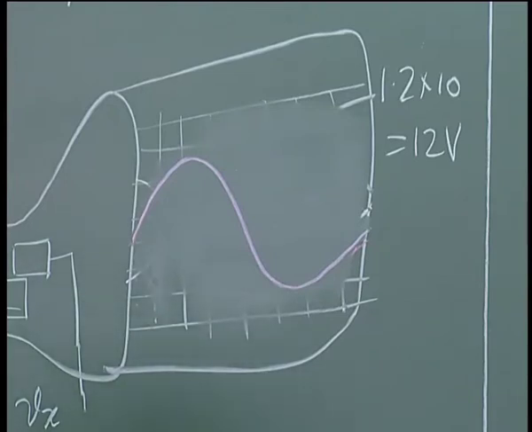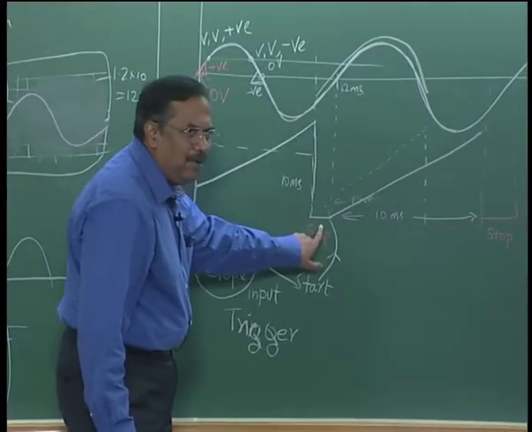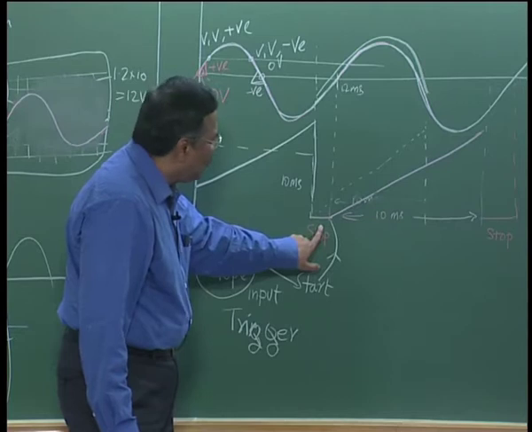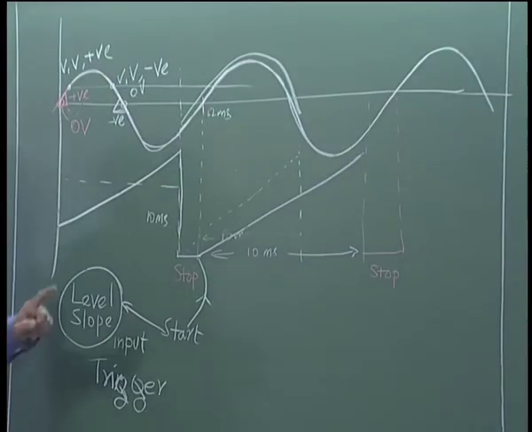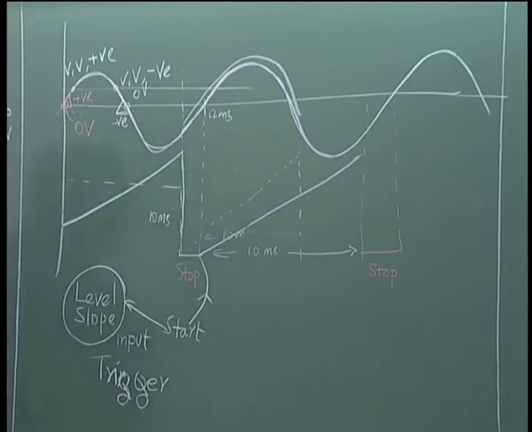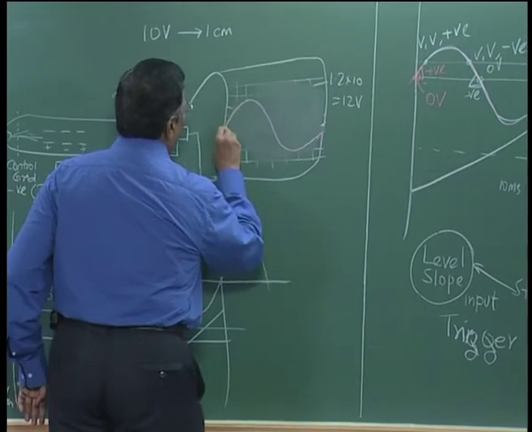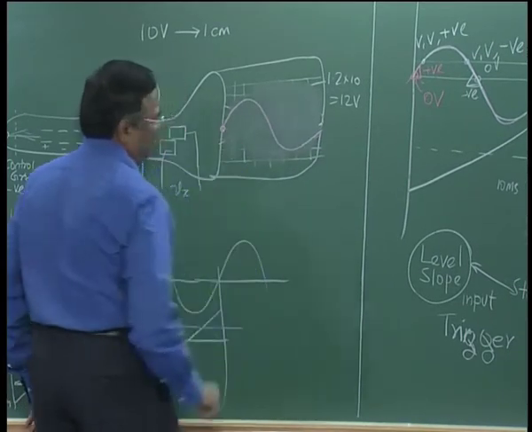Okay. Now, I see that the sawtooth generator stopped for a considerable amount of time at the end of each cycle. When it is stopped, it is at minus Vx, which is the starting point.